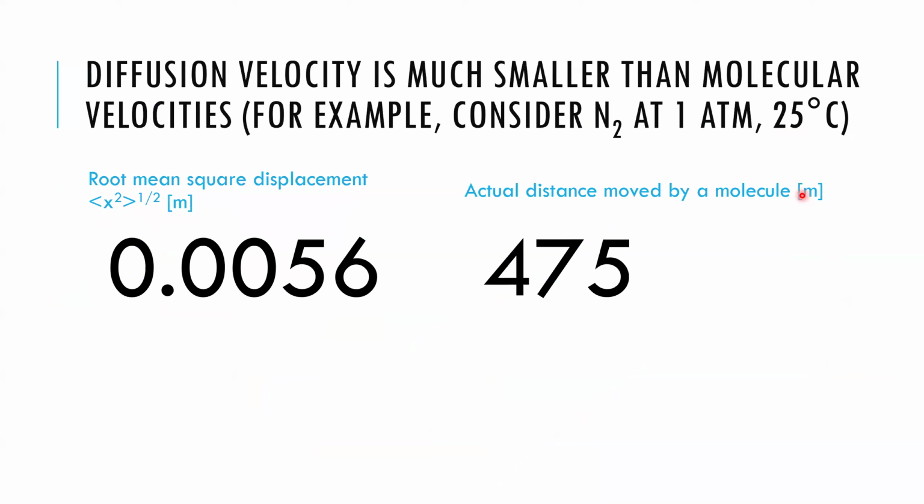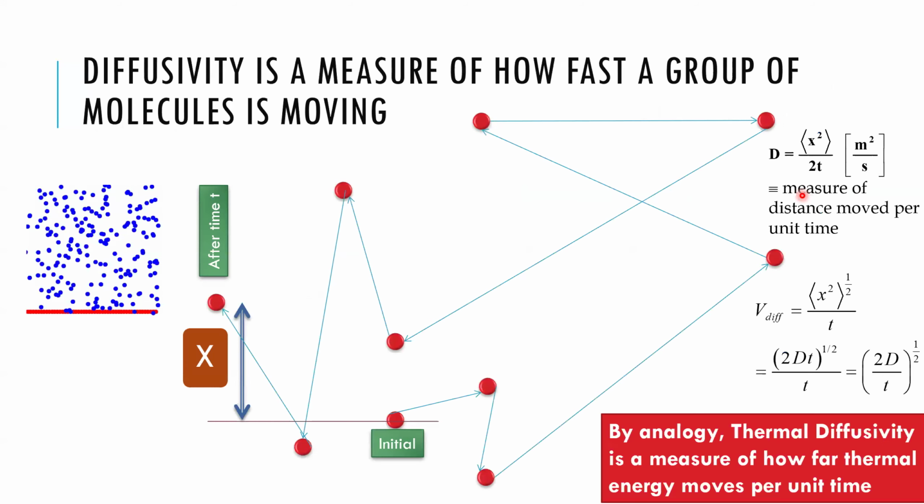Okay, so this diffusion velocity, even though we just talked about it, is much smaller than the molecular velocity. If I go back to this picture, you see the molecular velocity starting from here is really fast.